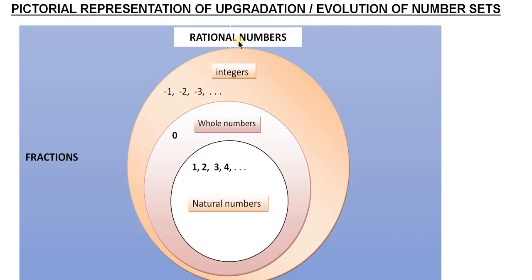But in rational numbers, numerator by denominator is the same form as the fractions, but for one fact: the numerator and denominator are integers, not whole numbers. So negative, positive values can come in the numerator and in the denominator too, but the denominator cannot be equal to 0, because any number divided by 0 is not defined in our maths.